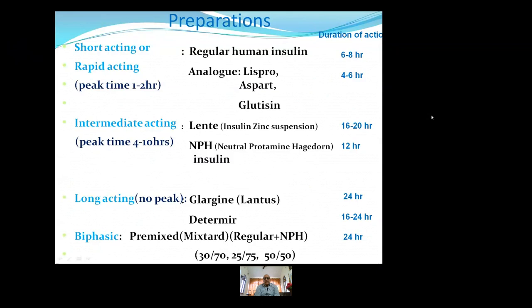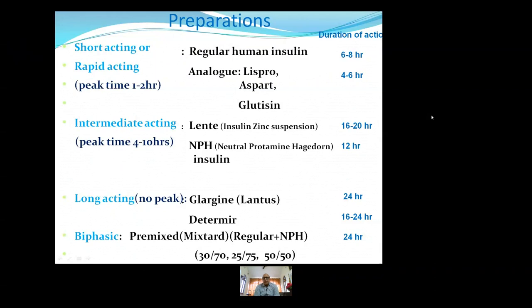Intermediate acting: lente insulin zinc suspension. Duration 16 to 20 hours, peak time 4 to 10 hours. Intermediate acting: lente and NPH.